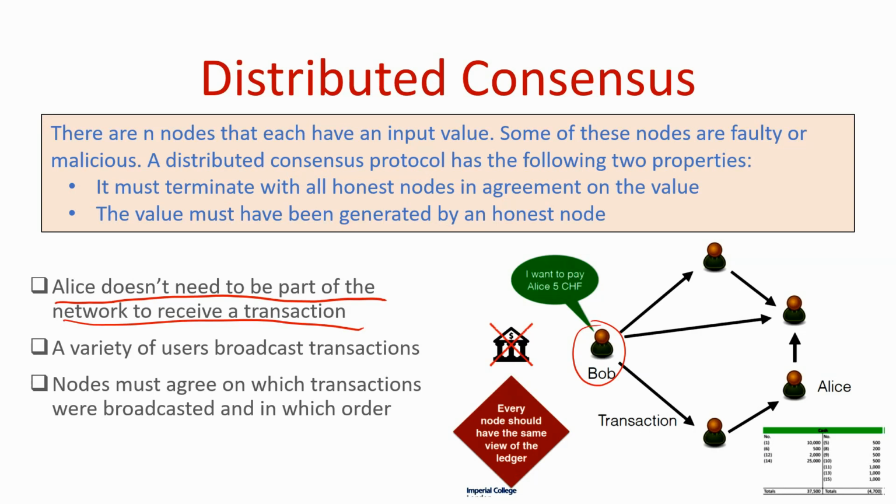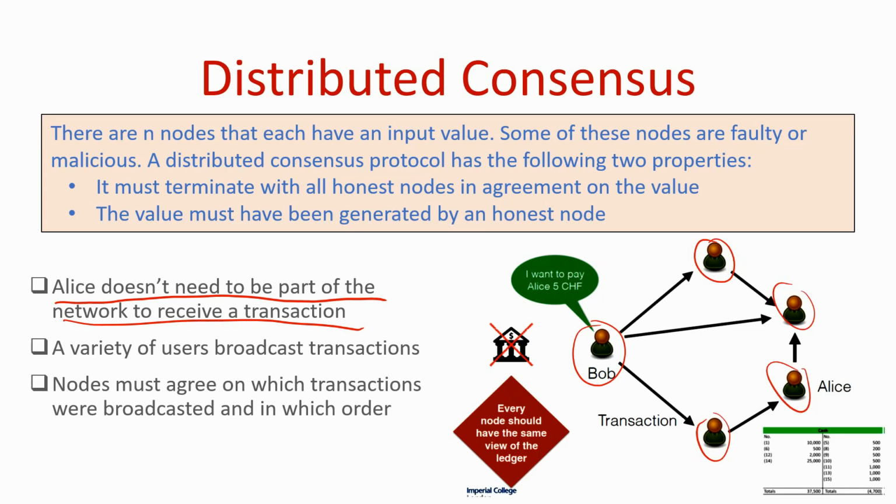Because this network is a peer-to-peer network, the transaction doesn't reach everyone instantaneously. Any peer-to-peer network has certain delays. So Bob, for example, will first send the transaction here, and then it is forwarded to another node, and then another node. So eventually, everyone in the network should receive it, but this may happen after a long period of time.